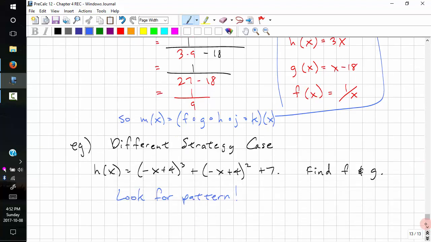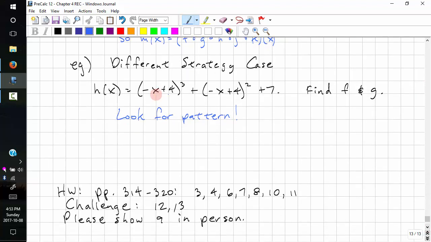And finally, let's look at a different case. We have multiple x's, but it's not a quadratic. So we look for a pattern. We want h of x equal to f of g of x.